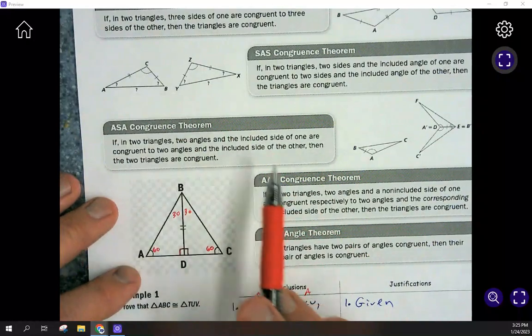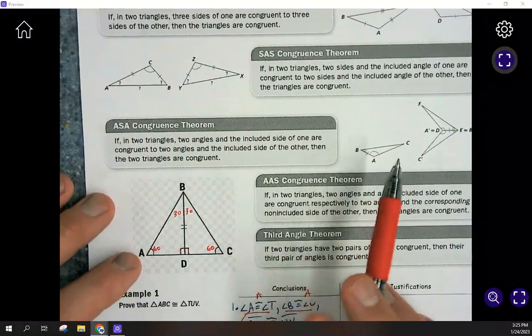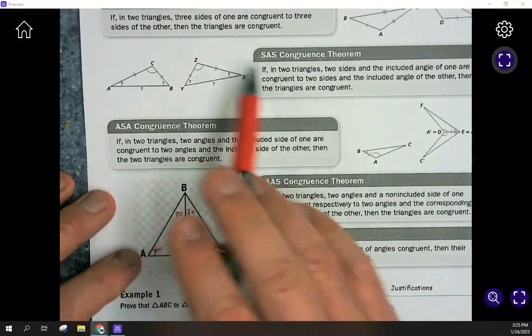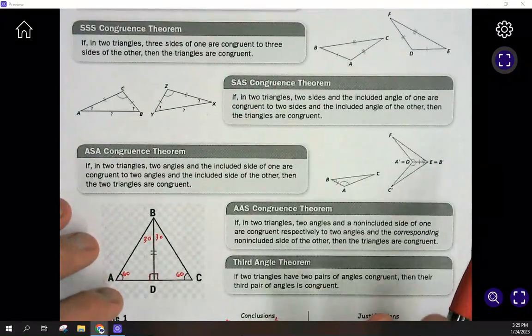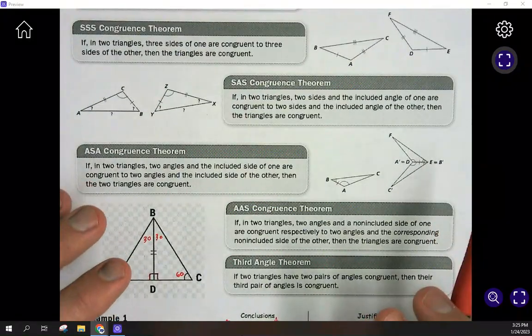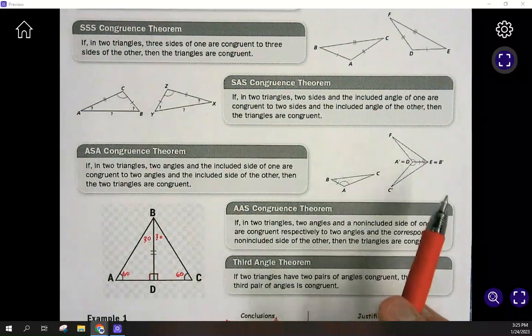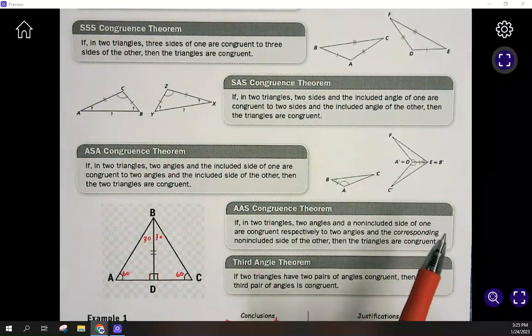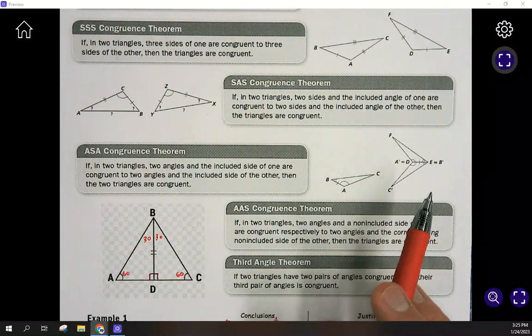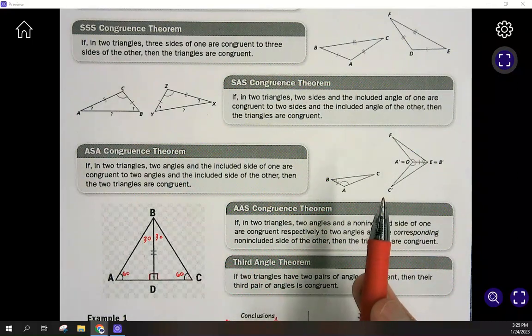Okay, if you notice, ASS, which I'm sure people have already thought of, is not one of these. And the reason isn't because it spells out what we would consider to be a cuss word, ASS. It actually doesn't work. If you have two sides and then an angle that's not included on it, it doesn't prove that those triangles are congruent.